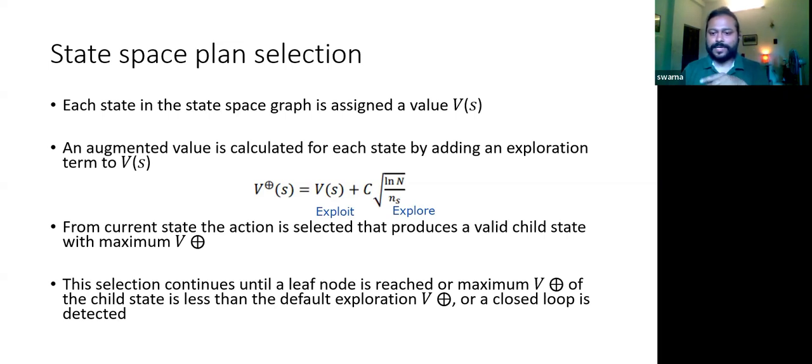So here the capital N denotes the sum of all the visits for all the parents of a specific node S, and n_s, the small n_s, is the number of visits for a specific state S. In this way, if a specific state is visited fewer times relative to the visits of all its parent nodes, this exploration term will increase and drive the search towards that specific state which has been explored less.